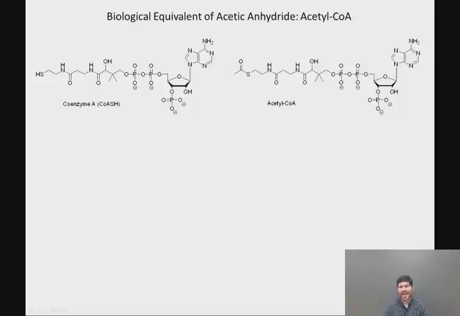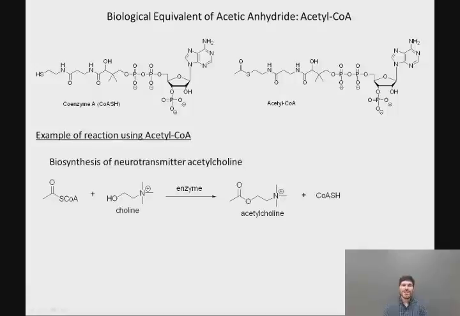Acetyl coenzyme A is also present in the metabolism of fatty acids. So I'm just going to give you one example of how acetyl coenzyme A is used as an acetylating agent in the body, and that is in the biosynthesis of the neurotransmitter acetylcholine.